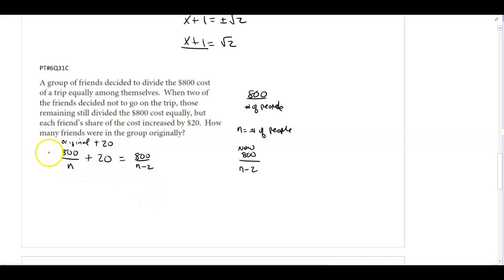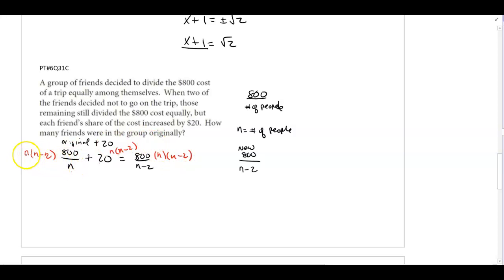But if I multiply everything here, what would my common denominator be? It would be n and n minus 2. So what I'm going to do is multiply everything by n times n minus 2, n times n minus 2, n times n minus 2.